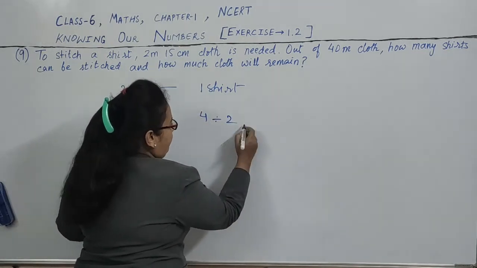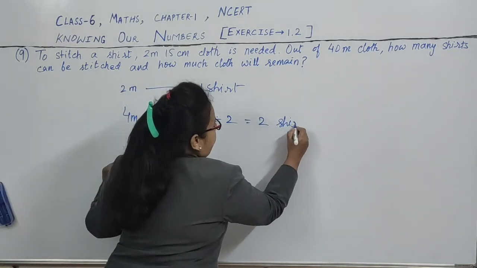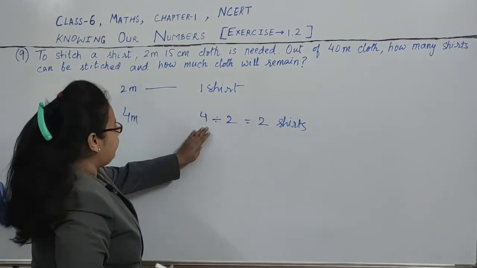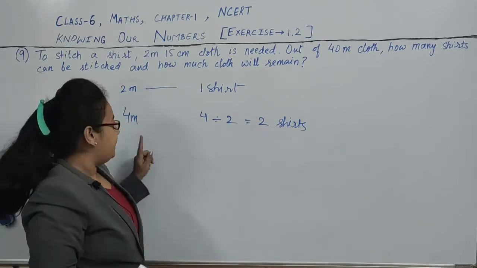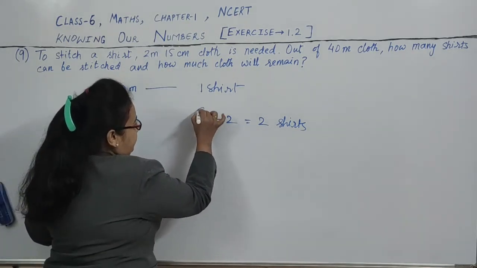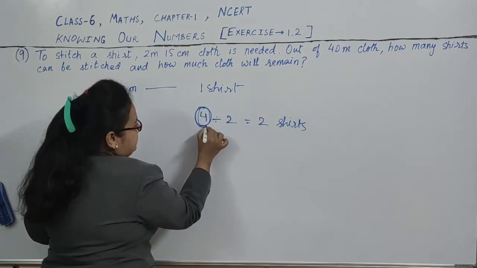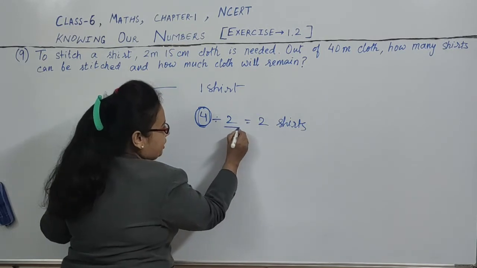If we divide 4 by 2, what do we get? 2. It means 2 shirts. In 4 meters, 2 shirts can be stitched. We found that by dividing 4 by 2. The total cloth is 4 meter, and to stitch one shirt 2 meter cloth is needed.